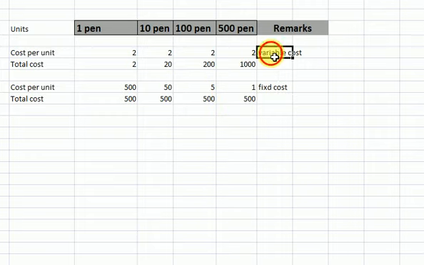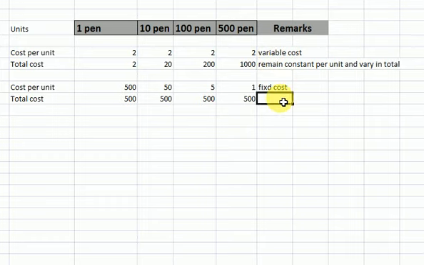While variable cost remains constant per unit and varies in total.